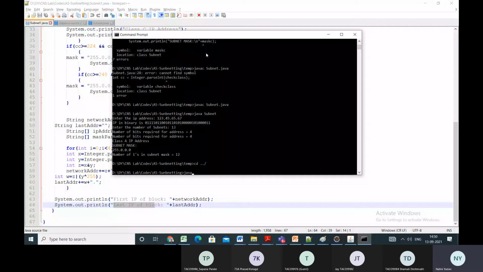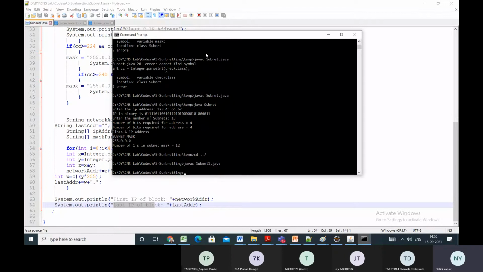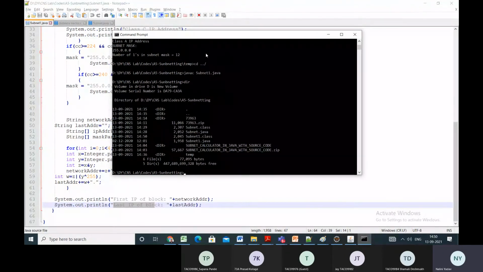For compilation of a Java code, I will enter the command javac and my subnet file, though the name is actually misleading. It is actually just finding the class of the given IP address and the first and last IP address of that particular class. So let me compile the code: javac subnet1.java, and then I will get the .class file after the compilation. And now let me execute that .class file.